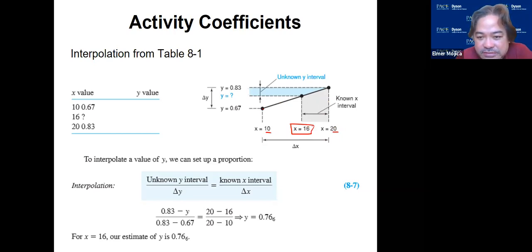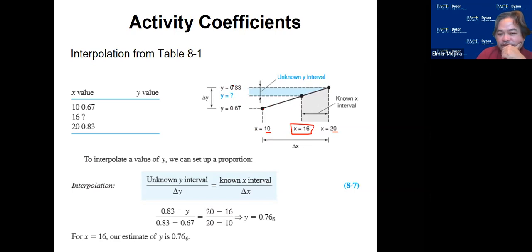This is just an example of, let's say, a slope, or how you solve the slope thing. This is how they do it before. If you have here the corresponding XY values, 10.67 and 20.83 for the Y value, what will be the value when X is equal to 16? You use either one of them.